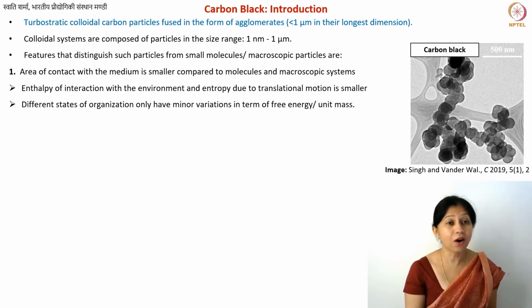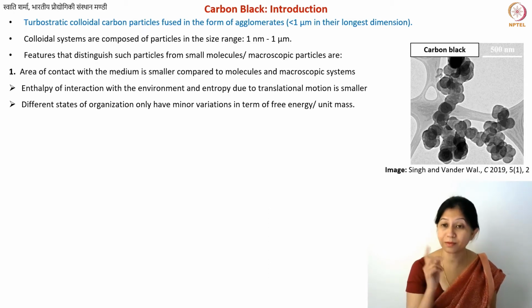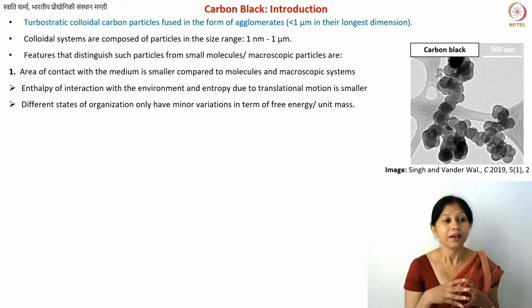Okay. Now there's one more important thing. We are talking about these colloidal particles, but you can see there are a lot of small particles all fused together, right? Can we have different organizations of these particles?